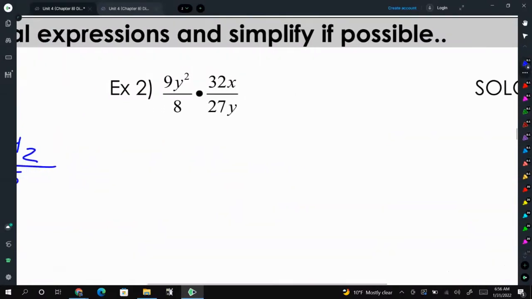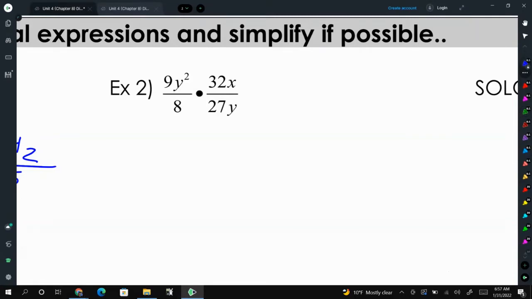All right, example number 2. Now, you could do 9 times 32 and 8 times 27 and then simplify that fraction. Or you could leave them separate, but then also group them or line them up a little bit differently. So let me show you what I mean by that.